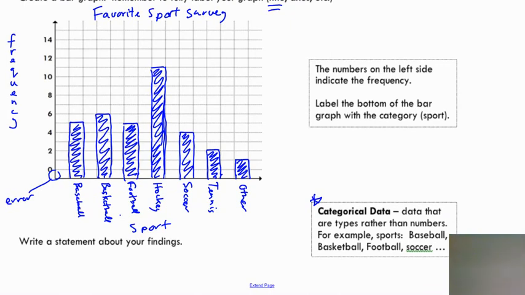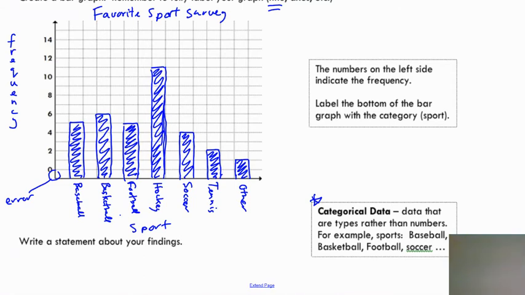Okay, write a statement about your findings. So what could we say? Just glancing quickly at this graph, what stands out is hockey being quite a bit ahead of others.